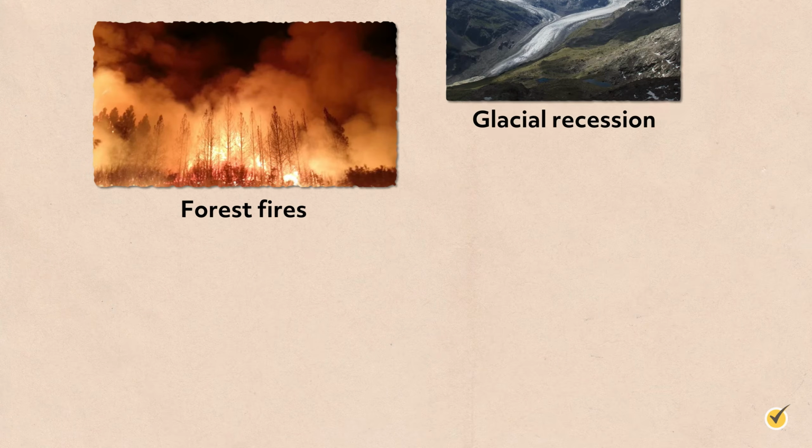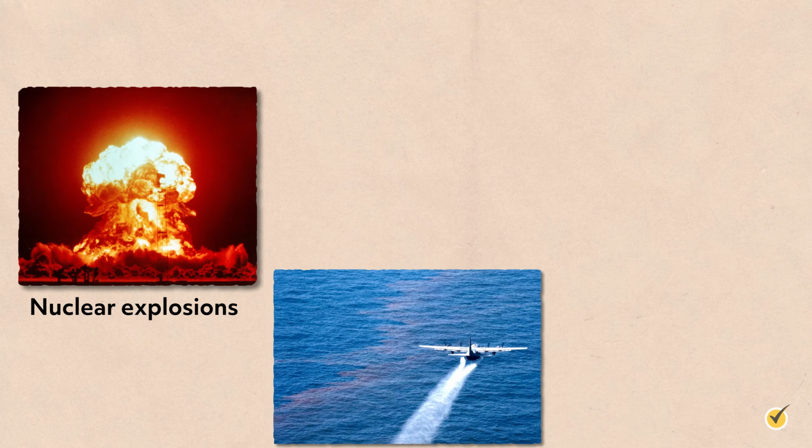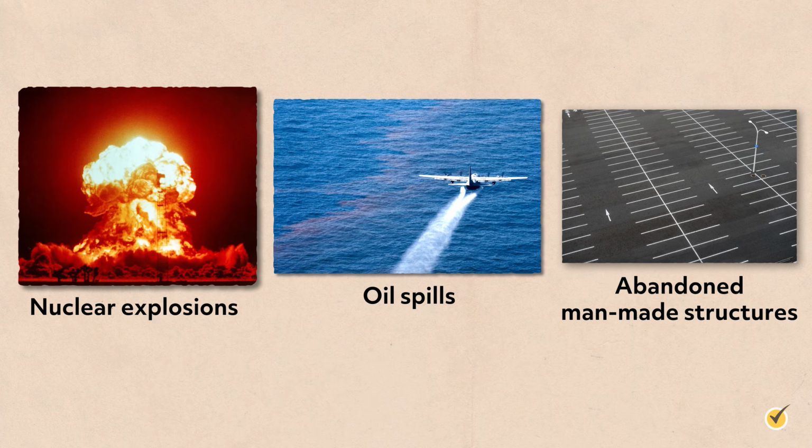Natural environmental occurrences like forest fires, glacial recession, or volcanic eruptions can decimate large areas and essentially restart ecological succession. Some examples of anthropogenic change that will restart the process could be nuclear explosions, oil spills, or the abandonment of man-made structures, like a paved parking lot.